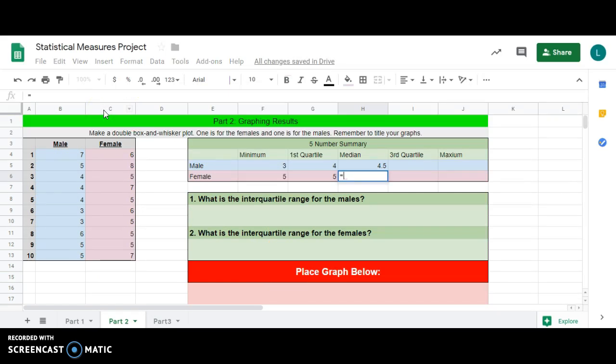So again, equals, median, highlight your data.